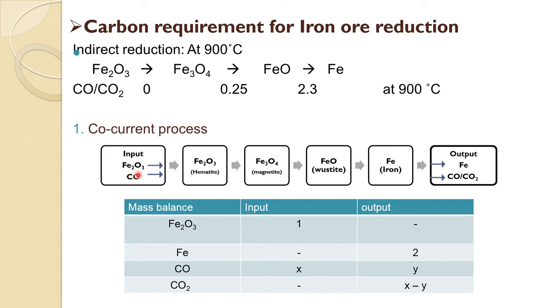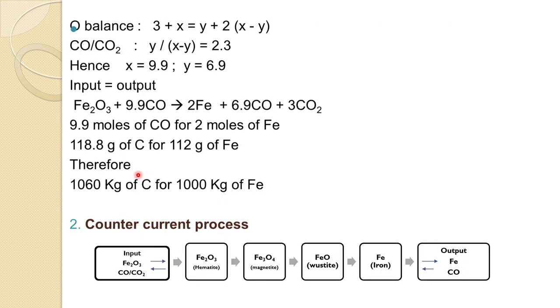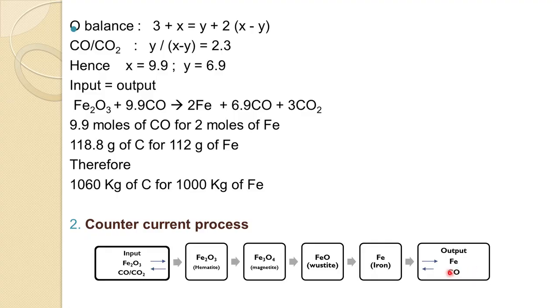So, that is a very expensive and not a good process. Now, on the other hand, the way blast furnace works, it works more on a counter current basis. So, where the output oxygen, as you can see, CO is feeding in from the iron side and hematite is feeding from the top and CO2 is coming out.